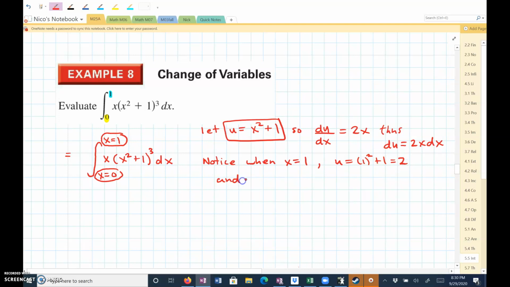And when x equals 0, u equals 0 squared plus 1 equals 1. So now I have my limits of integration. u will now equal 1 here for my lower limit. My upper limit, u will equal 2.